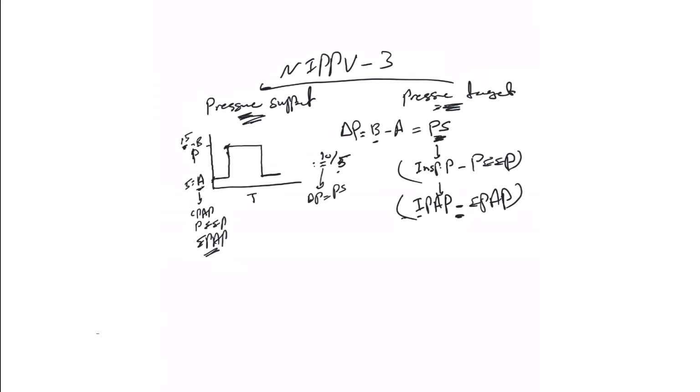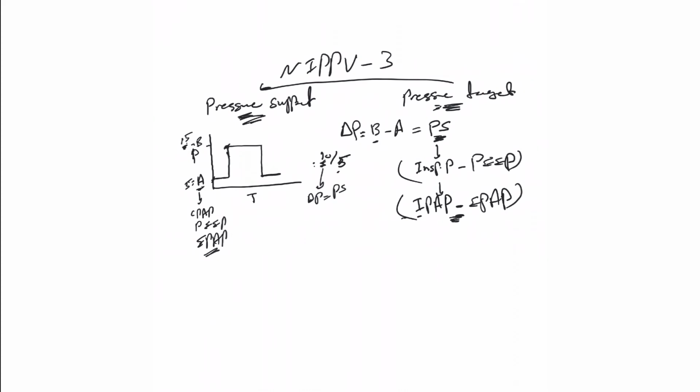My institution works so that the higher number is the delta P, so the IPAP is equivalent to delta P. Some other institutions say no, this number may represent the IPAP, so instead of going to 5, it's going to 10, and the delta P will be different. So just be careful, check what your institution wants or uses. Are they going to use this or the pressure support directly equivalent to the IPAP?